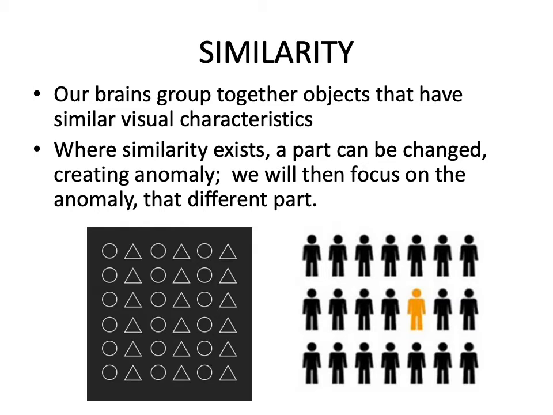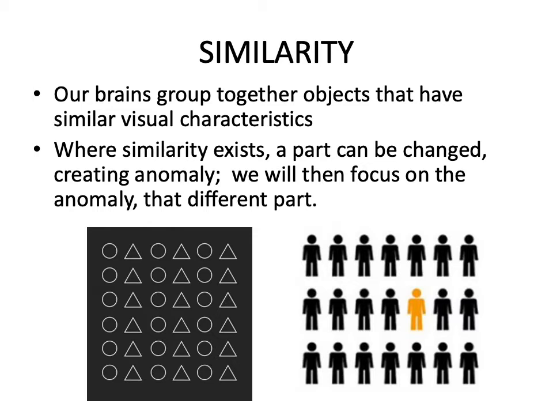Here, all the people described with black coloration are grouped as one, and then this yellow-orange figure is separated. So here we have two groups, and we're looking for the most similarity among them.